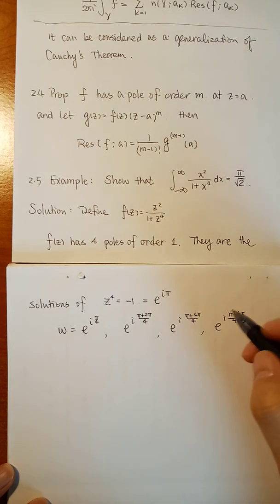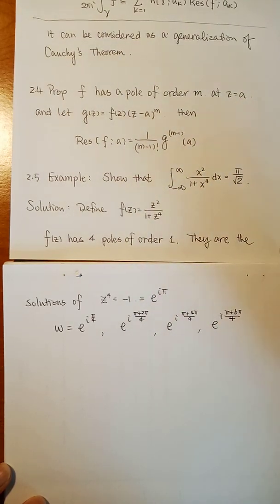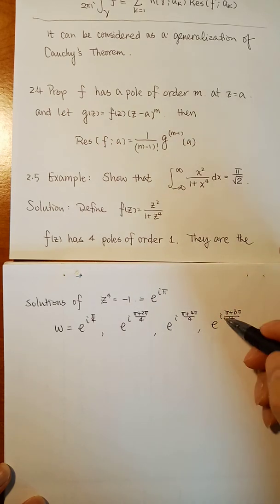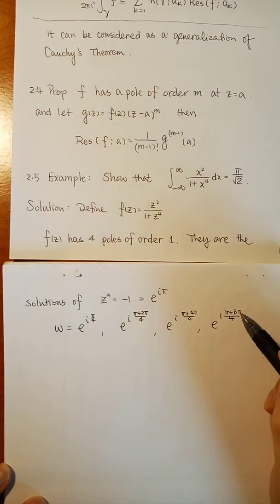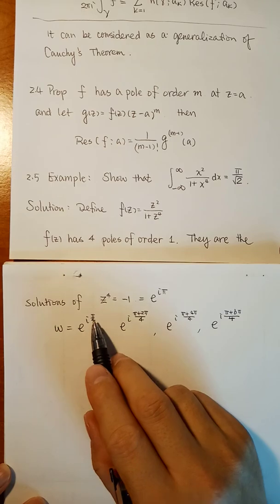You just add 2 pi each time, because 2 pi is the period. If you add 8 pi here, you will go back to e to the i pi over 4.